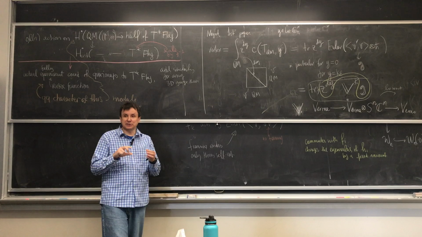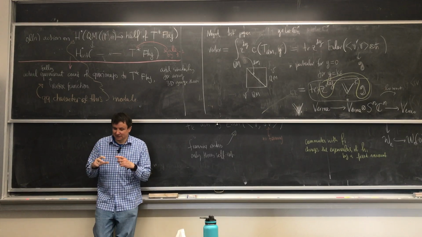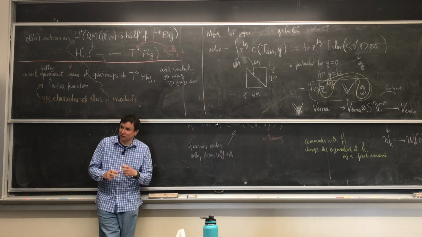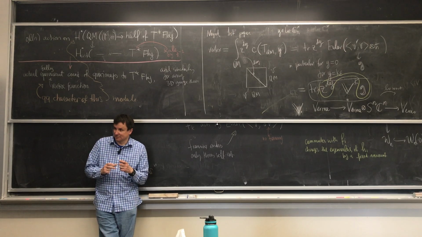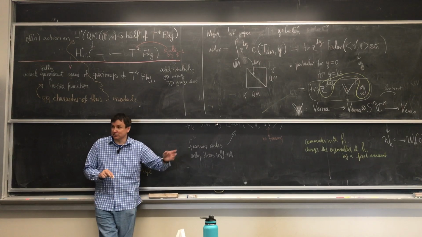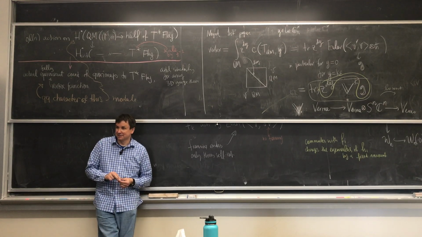That's right. But I'm just saying that there's a story like this, I think, for any quiver. No, with g it's still Macdonald polynomials.